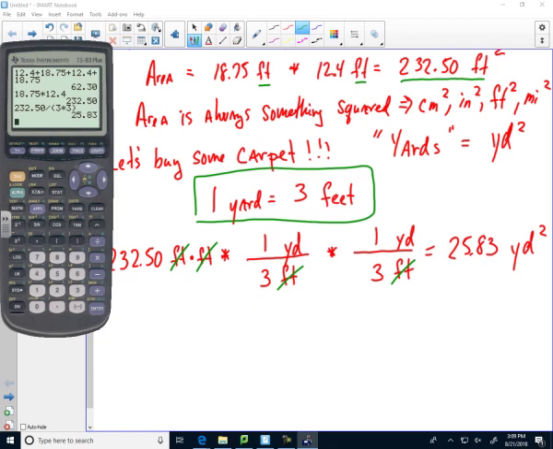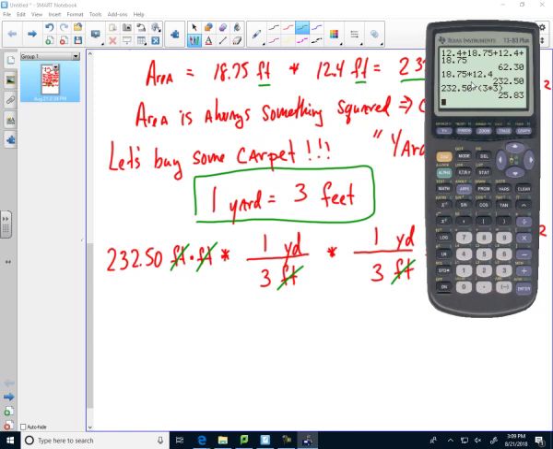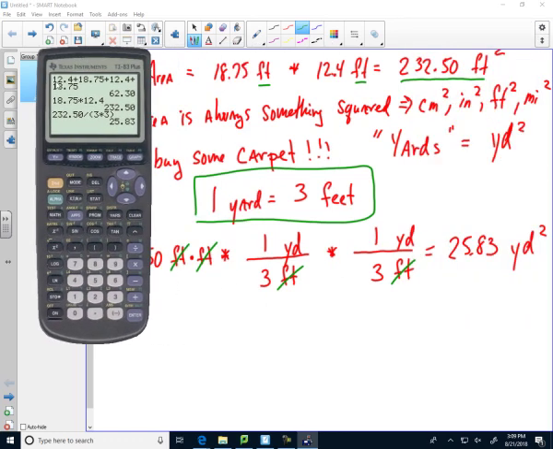The other thing I wanted to point out to you, just in case you're not necessarily visualizing this. Here's the thing. So that's a foot, that's a foot, that's a foot.